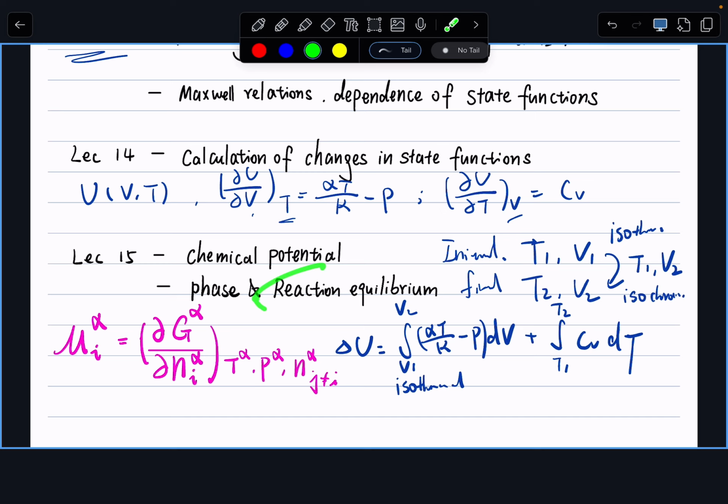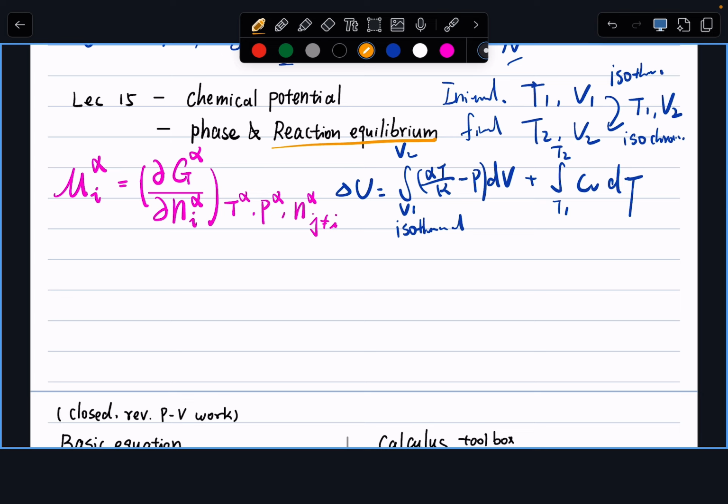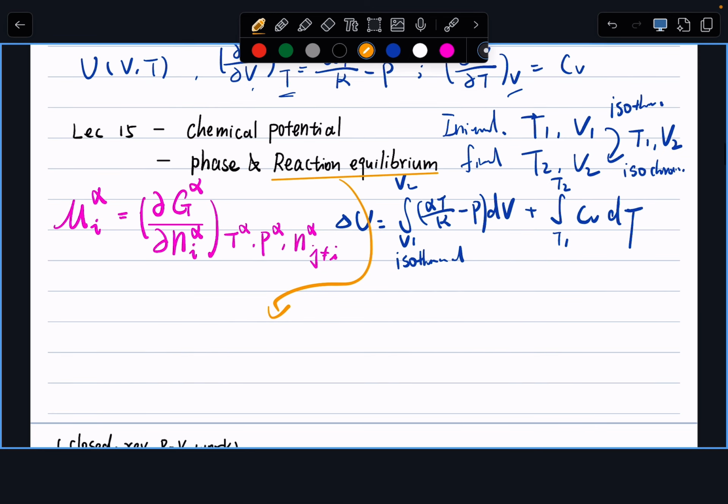And then we went over the idea of reaction equilibrium. Here, it's mostly just rewriting the Gen Chem questions into a more generalized and symbolized form. We can generalize any chemical reaction as 0 goes to the sum of the stoichiometric coefficients of all species.